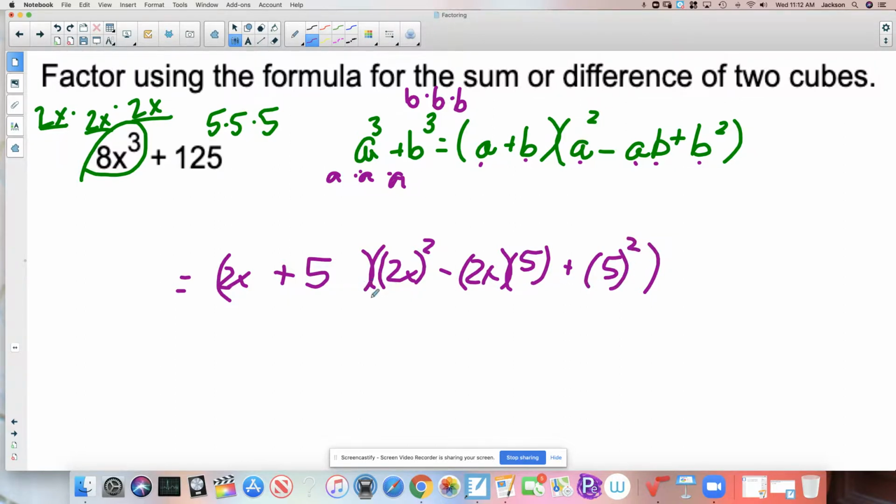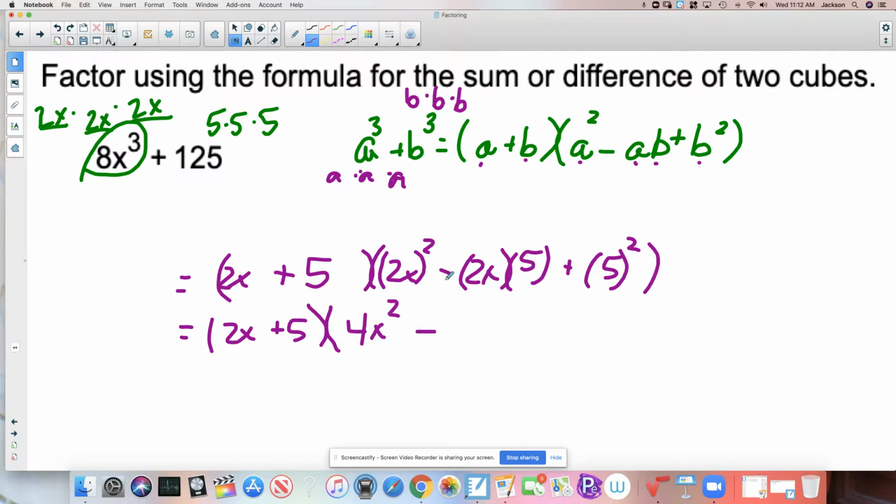Now, we've got a little cleaning up to do with this. Not in the binomial. The binomial is fine. So we've got 2x plus 5. But here this is 2x squared. And remember, this is really the same as 2x times 2x, which is 4x squared.